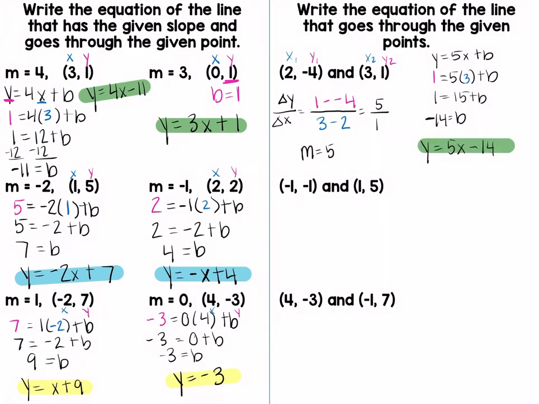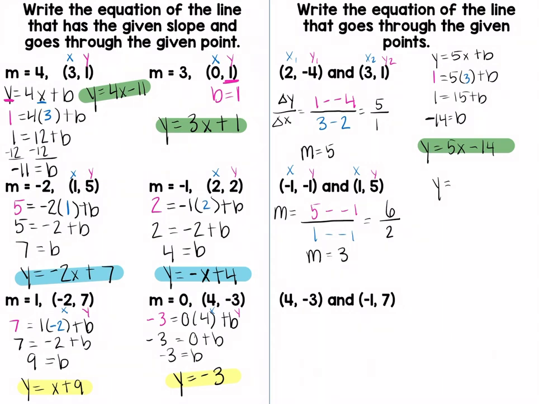So again, you just have to find the slope, and then you find the y-intercept by plugging in one of the ordered pairs. So negative 1, 1, and 1, 5. So m is going to be 5 minus 1, and x is going to be 1 minus negative 1, which is equal to 6 over 2. So m is 3.